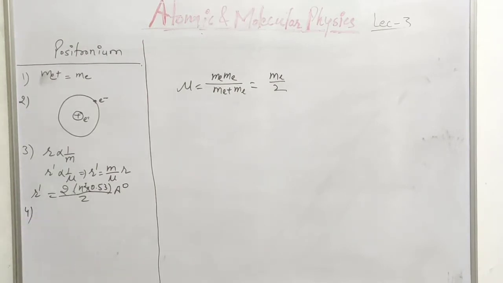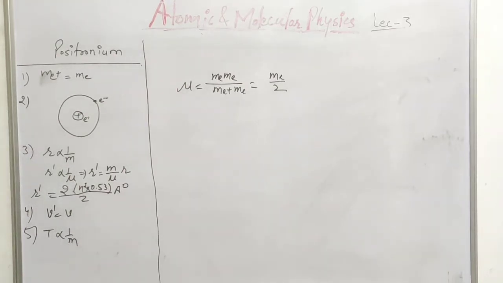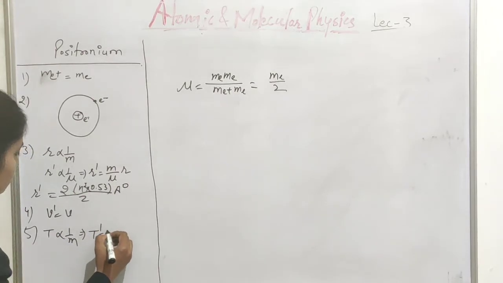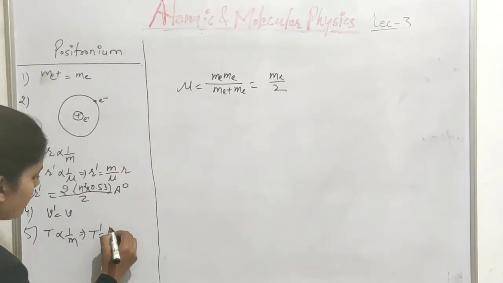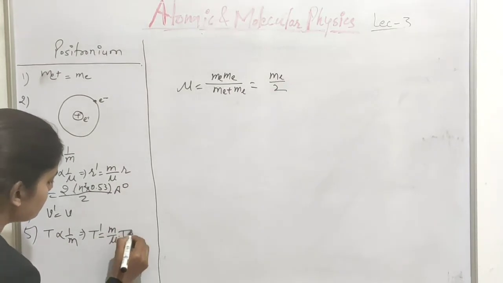Next we will see the velocity. As you know that velocity is independent of mass, so velocity is not going to change. Next we will see the time period. Now the time period is inversely related with the mass. So the new time period will be t dash, that will come out to be m over mu into the original time, that was t.